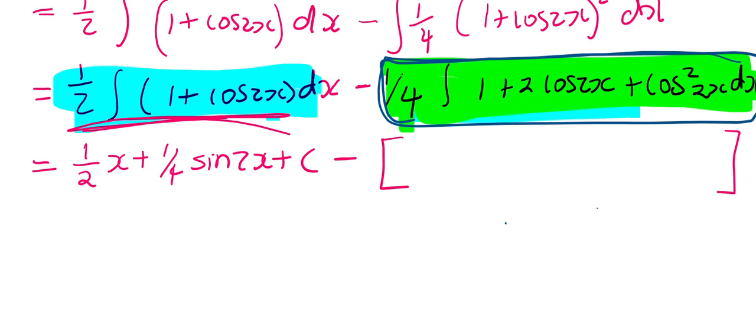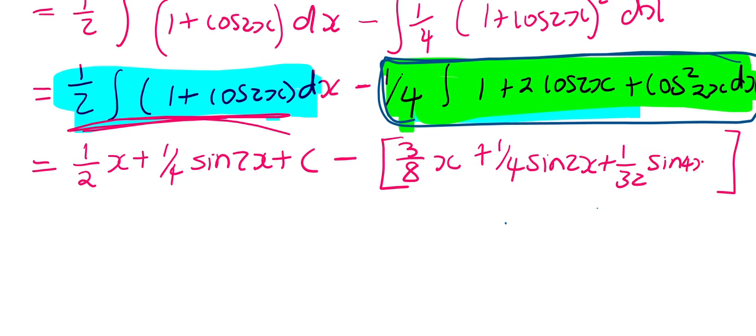You need to be careful. That minus will affect your answer if you don't put every term that you got for the 1 over 4 for the green part into the brackets. For the green part, we got that this was 3 over 8x plus 1 over 4 sine 2x plus 1 over 32 sine 4x, then plus c. Sorry, there's a plus c, so put a plus c.